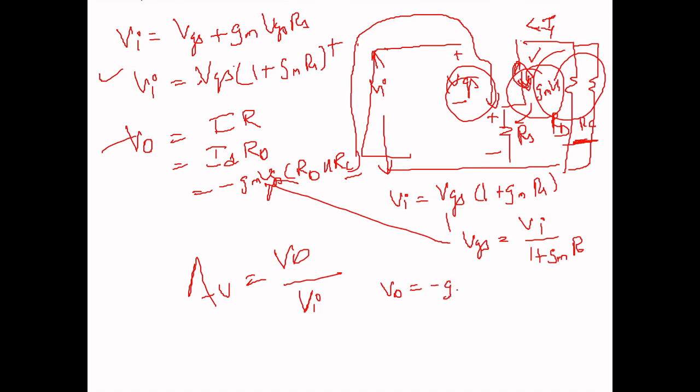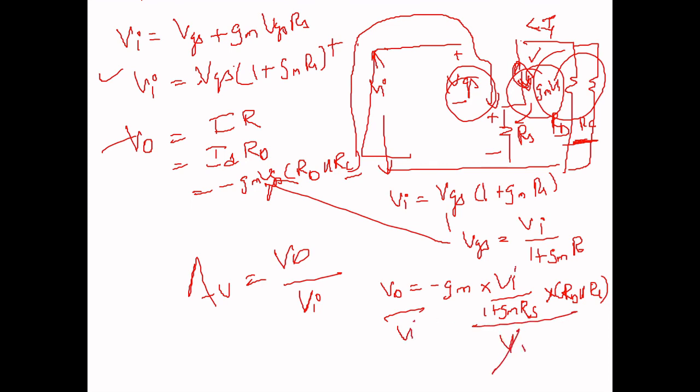So minus gm, VA divided by 1 plus gm RS, into RD parallel to RL. Now just divide with VA.